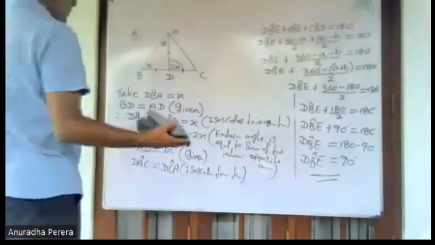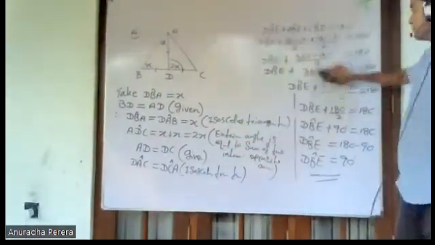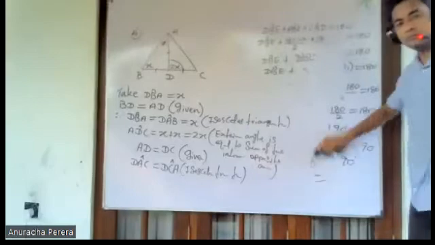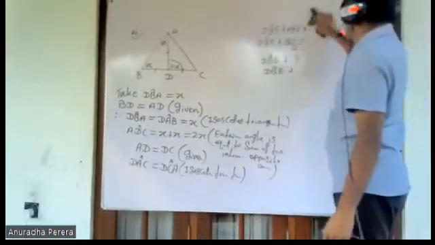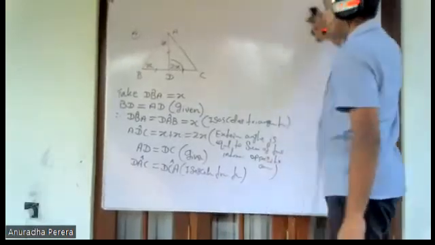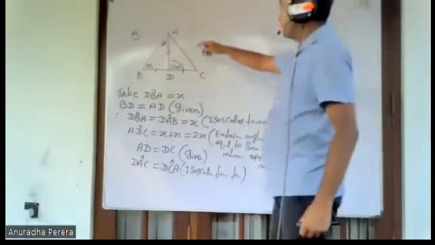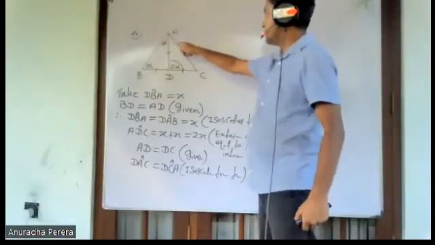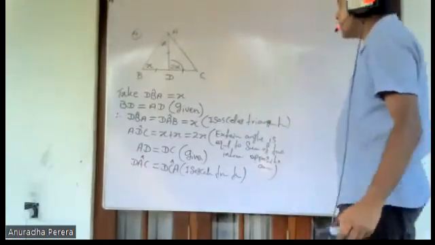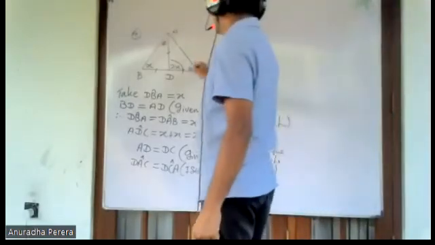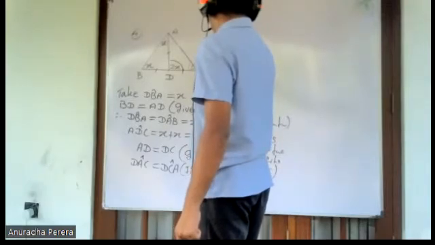Right. And you know these two are equal. Then we can represent this one angle in terms of x, right? How? This one is equal to 180 minus 2x over 2.